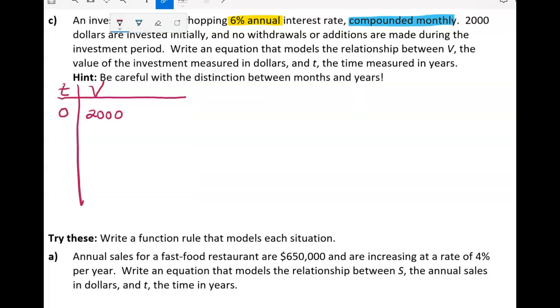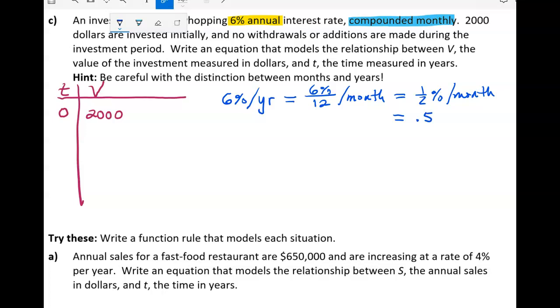So let's work this out here. If we have an amount of interest that is 6% per year, that's equal to 6% divided by 12 per month, or 0.5% per month. So remember that percent means per 100 or divided by 100.